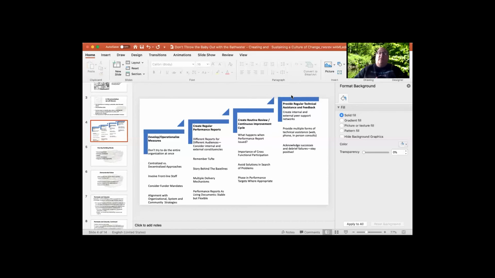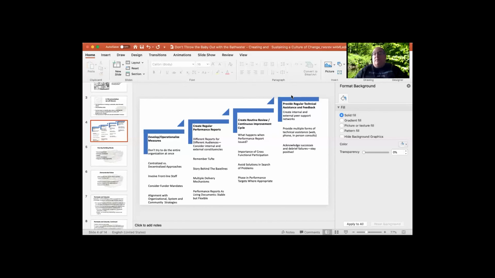And then you also have that same network, but external to the organization, right? So you build both internal and external networks of support for measurement. Later on, when you see the Ron and Ann presentation, we'll talk about the RBA Practitioners Network, which is a really good example of an external peer support network.